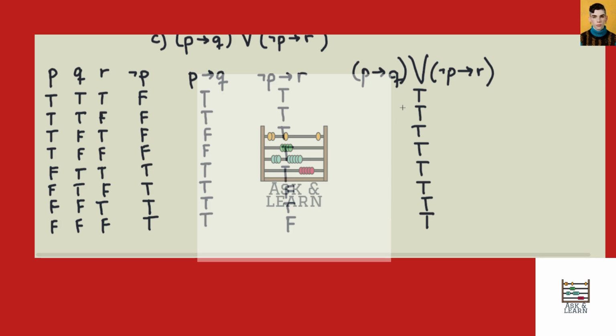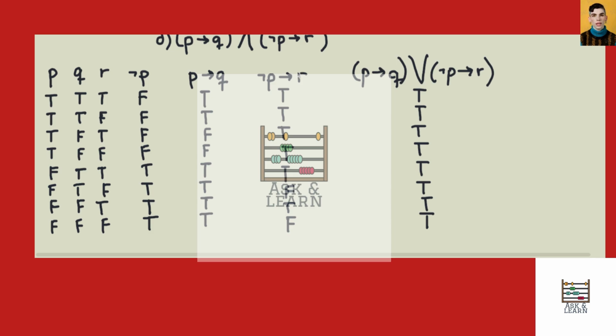Now we'll delete some columns and solve for D. Now before we do this, let's write D. We know that the compound is very similar to C. The only thing that changes is the inclusive or changes into the conjunction and.